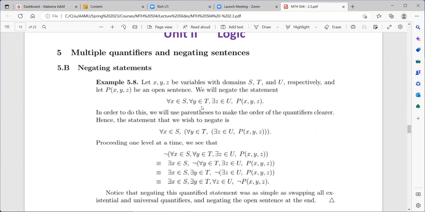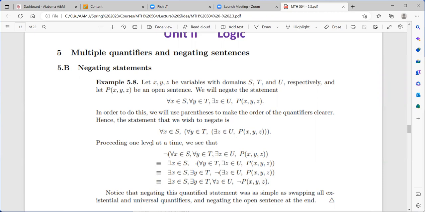One way to do it is just to use parentheses to separate each layer. Okay. So in order to negate the statement, we will use parentheses to make the order of the quantifiers clear. Hence, the statement that we wish to negate is, okay, first just use parentheses to separate those quantifiers layer by layer.